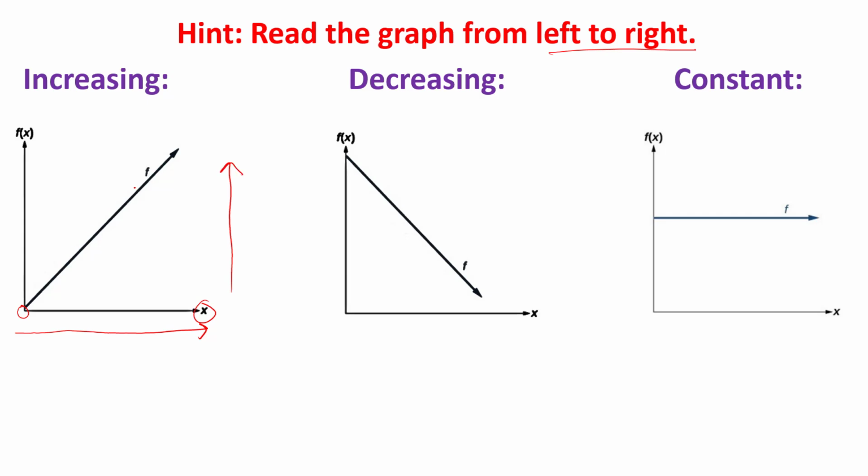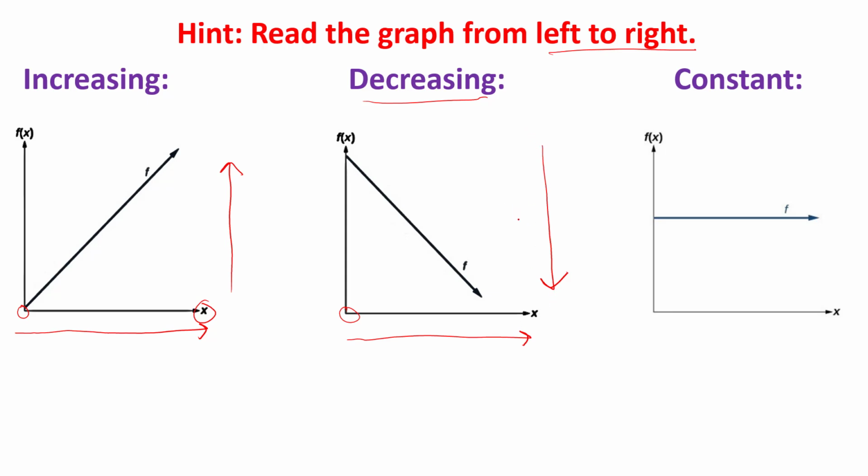That's what causes the graph to increase. So increasing, my x's increase as my y's increase. Decreasing. Again, starting at 0, as my x's increase, my y's are decreasing. So a decreasing graph. As my x's increase, my y's decrease.